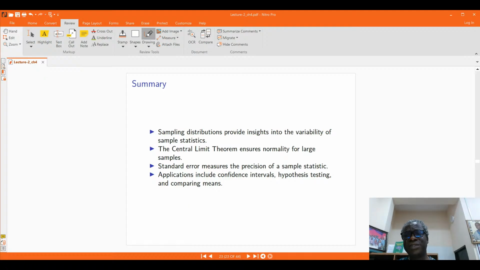We have also discussed extensively standard error, how it is used to measure the reliability or precision of a sample statistic. And we have seen that the sampling distribution of a statistic has a lot of applications in statistics, particularly for confidence intervals, hypothesis testing, and for comparing groups.